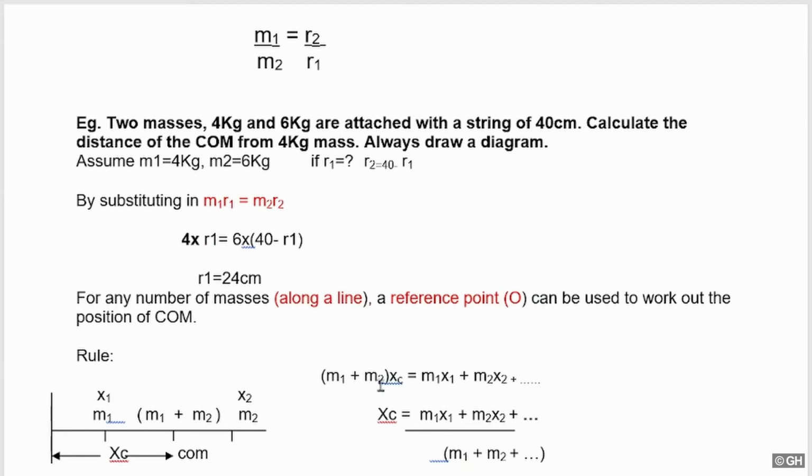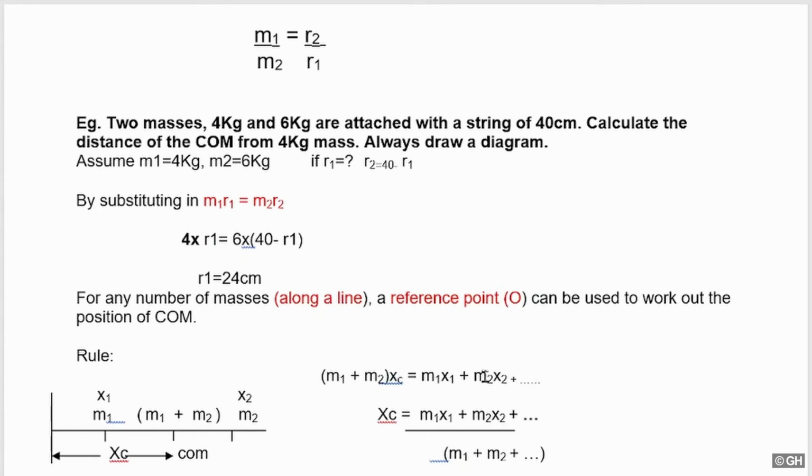So m1 plus m2 plus m3 and so on, times xc. So we are basically saying we multiply the mass and the distance for each individual mass, and that equals the total mass times the distance of the center of mass to the reference point. Okay, so the very simple equation.